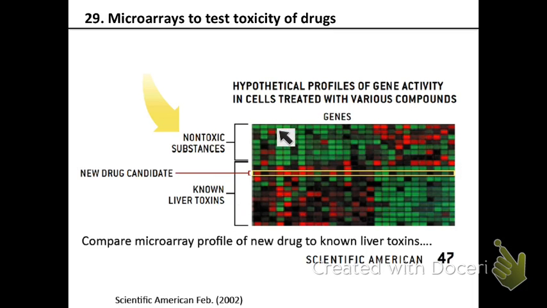And then in each column you have your genes and their expression. The known liver toxins create a certain expression profile in that a group of genes show higher expression and a group of genes show lower expression. And then the non-toxic substances' expression profile is dissimilar to that, right?